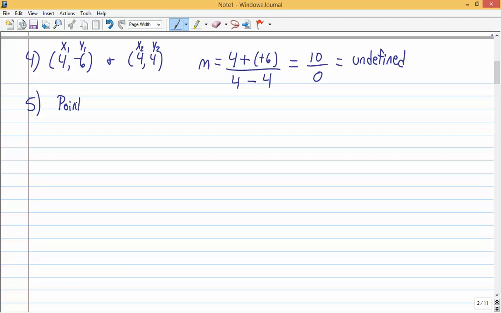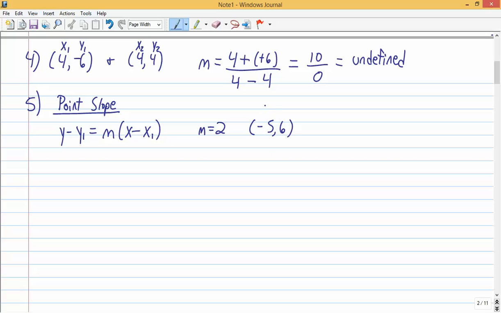The point-slope formula is y minus y sub 1 equals m times x minus x sub 1. So we're given in the problem, it says slope equals 2. So that means m equals 2. And we're passing through the point negative 5, 6 on our line.